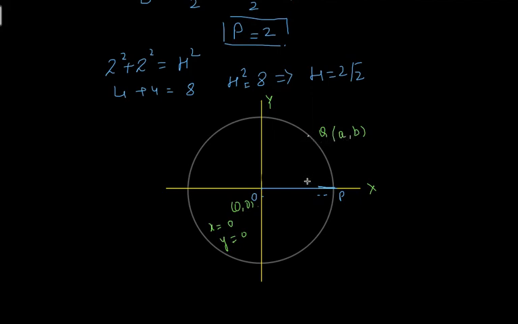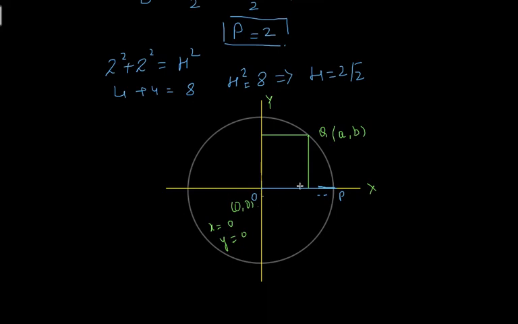Here the x coordinate is A and the y coordinate is B. So let us draw a perpendicular or altitude from Q to this line OP, and a perpendicular from Q to this y axis.